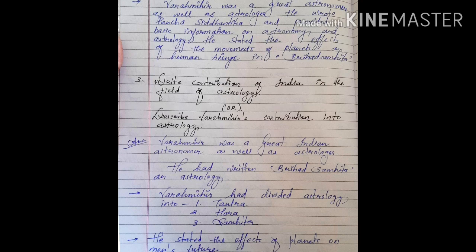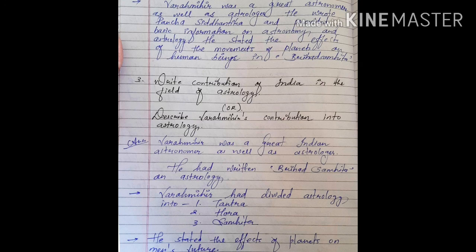Third question: write about the contribution of India in the field of astrology, or describe Varahamihira's contribution in astronomy. And the answer is: Varahamihira was a great Indian astronomer as well as astrologer. He had written Brihat Samhita on astrology. Varahamihira had divided astrology into Tantra, Hora and Samhita.